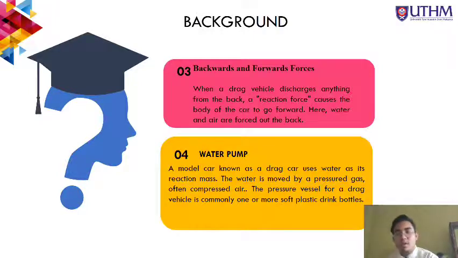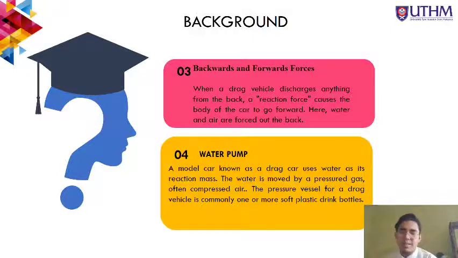Okay, for the fourth is the water pump. In our model car, known as the drag car, we use water as its reaction mass. So the water is moved by pressurized gas, often compressed air using the pump.